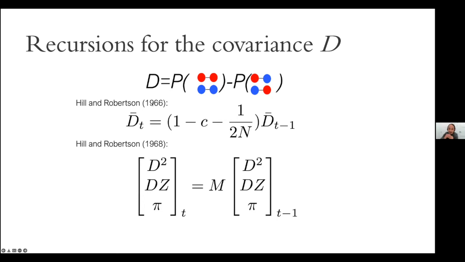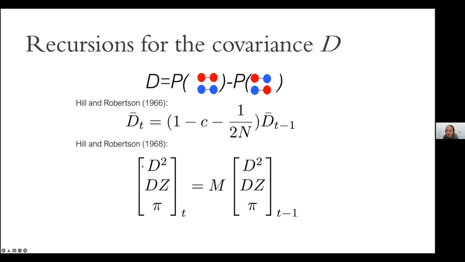If you add a bit more individuals in your recursion and do more bookkeeping, you get another recursion for d squared. For anybody who's run a GWAS, this is the measure of LD that people typically look at between the two loci, how much linkage disequilibrium there is.